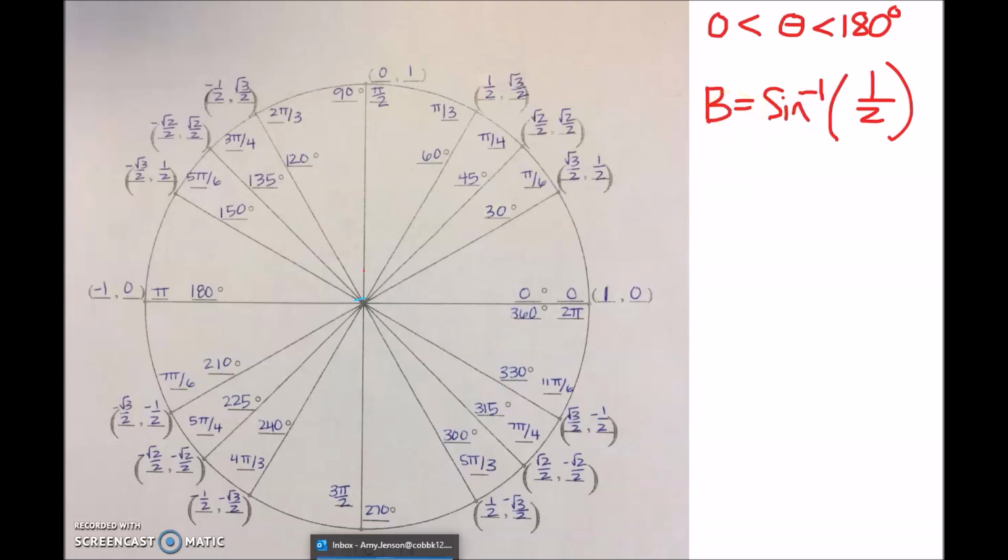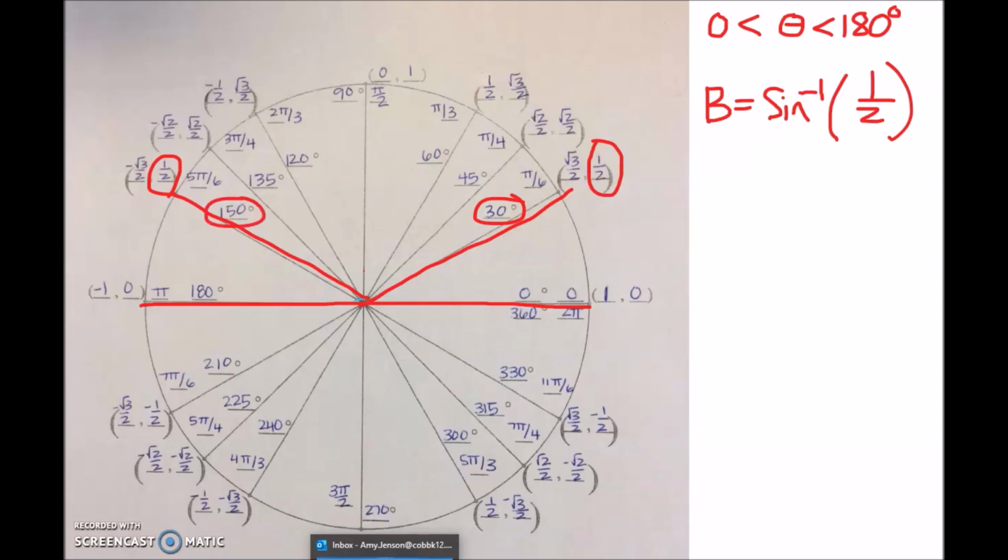Well, between the values of 0 and 180, we're looking at all the angles in the top half of our circle here. And if you recall, if we look at our sine, 30 degrees would satisfy that, and then 150 degrees would also satisfy that requirement.